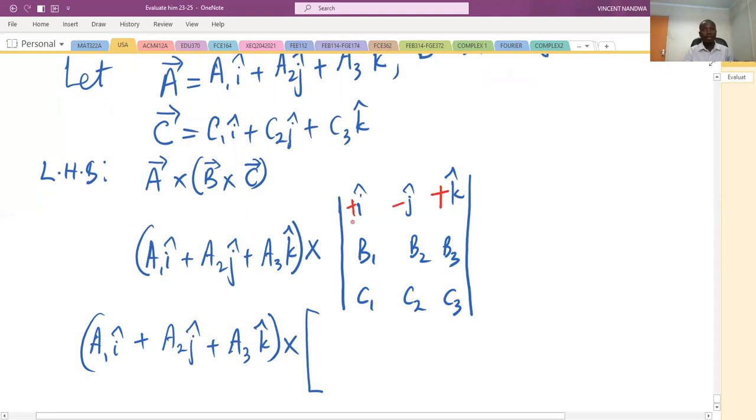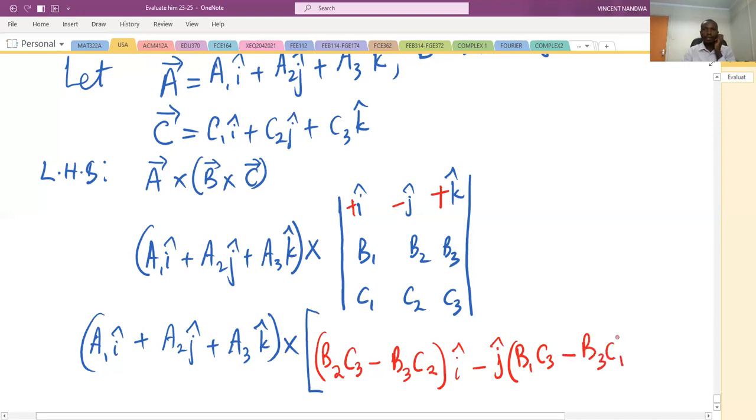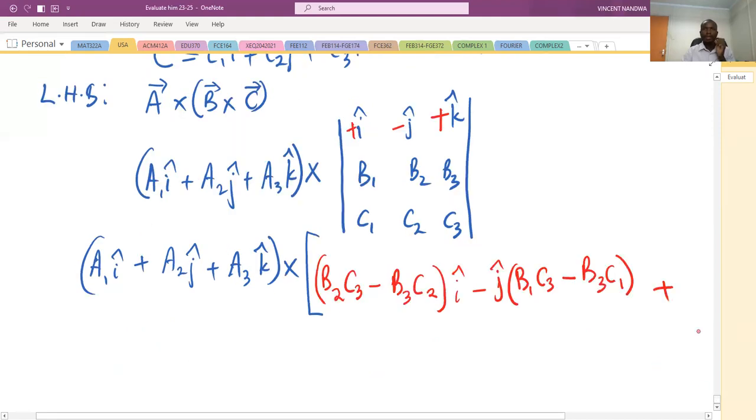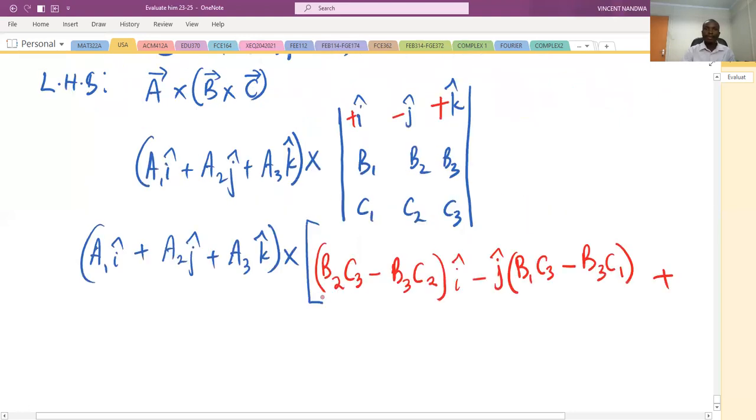This one has positive sign, so we close this row and column, and we have B2C3 minus B3C2, and then i minus j into, close this and this, B1C3 minus B3C1, plus k into, close this row, close this column, B1C2 minus B2C1. So that's step 2.